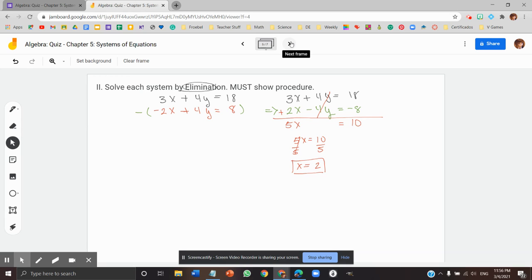I'm just going to take any of the original equations and substitute my x variable. So I'm going to take the first one. It says 3x plus 4y equals 18. And how much was x? 2, right?